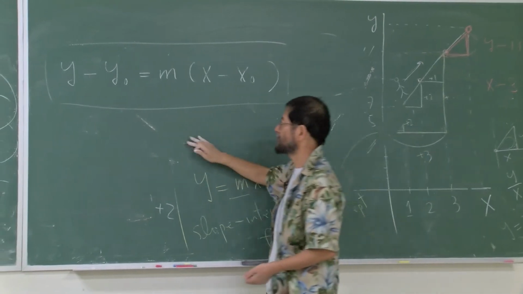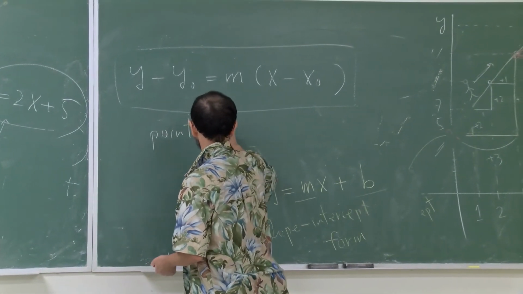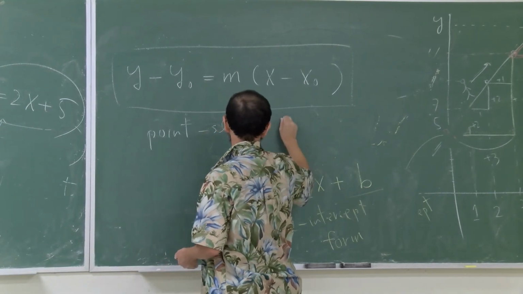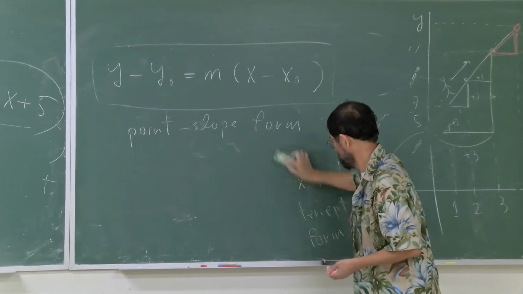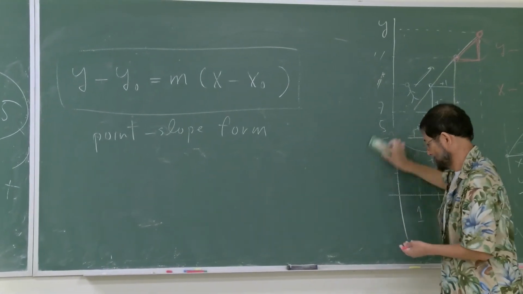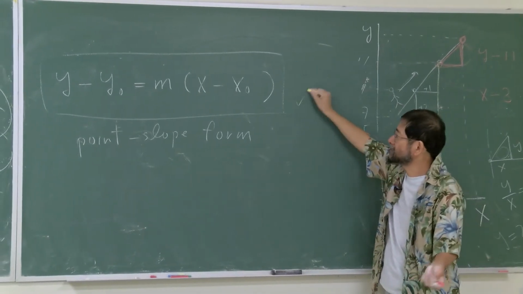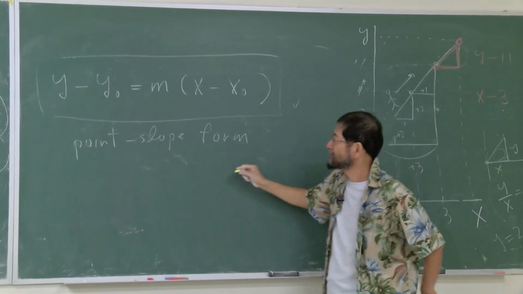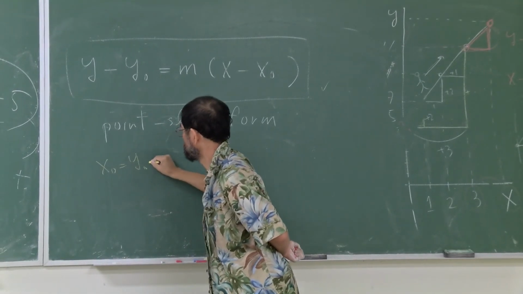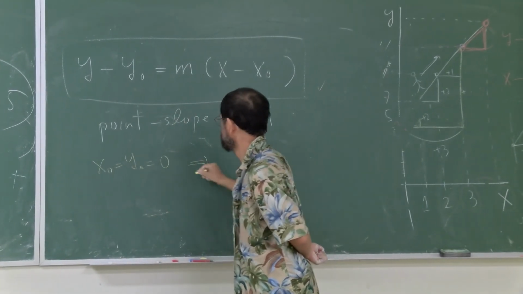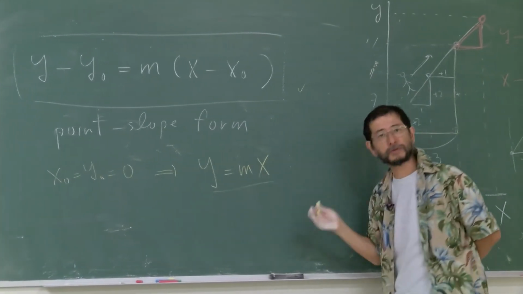Okay? So this is called the point-slope form. And just to make sure this is really the most general one: as a special case, if both are 0, then you get the original form for proportionality, right?